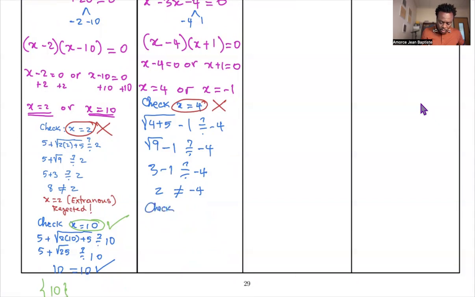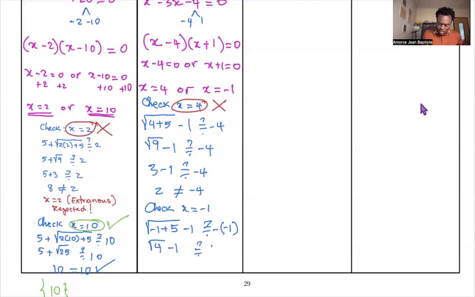Let's check now for x equals -1. We're going to have the square root of -1 plus 5 minus 1. Is it equal to negative x, and x equals -1, so -(-1)? So that is the square root of 4 minus 1.